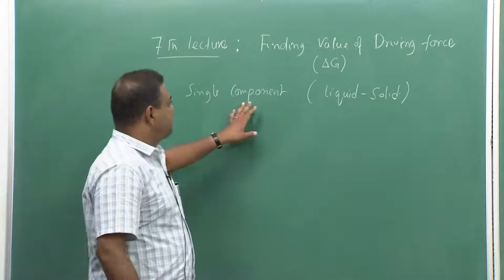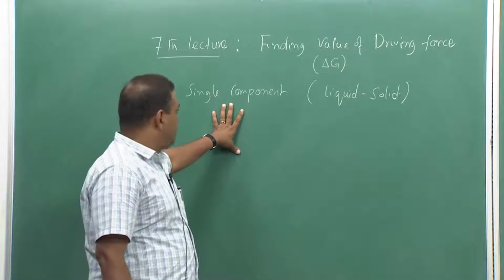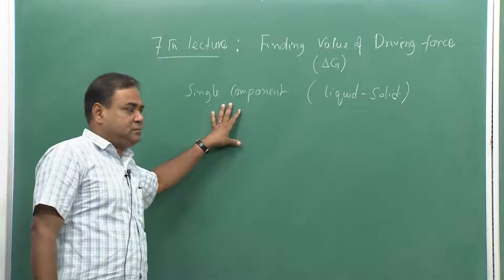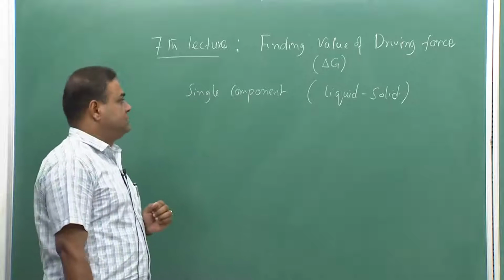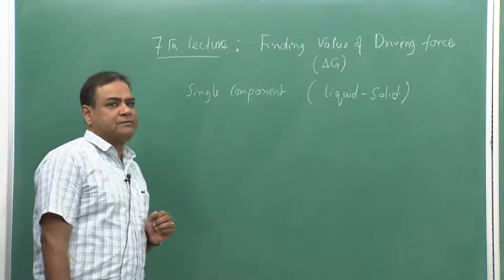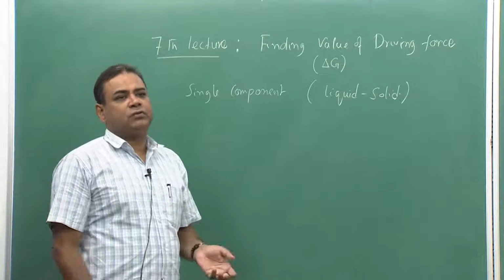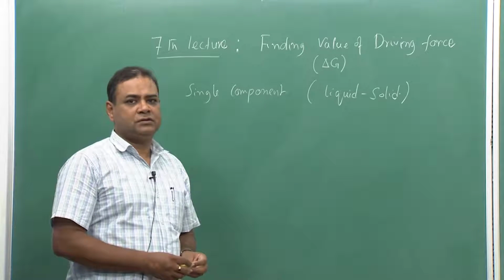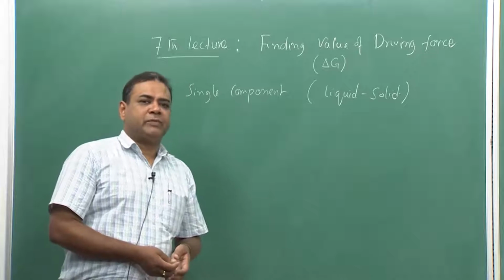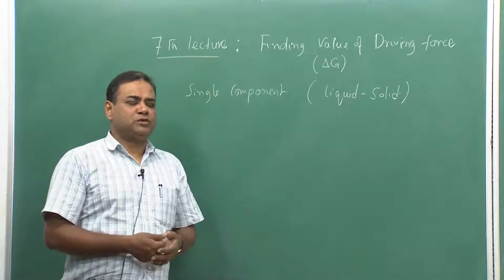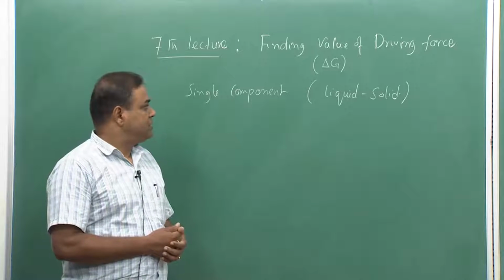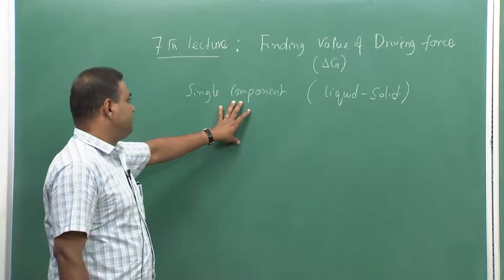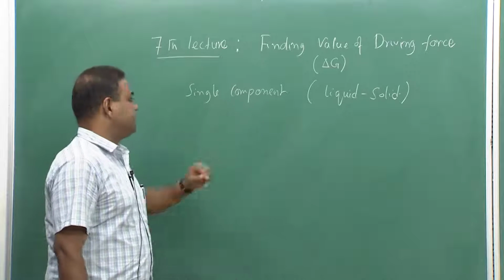The single component system is also simple compared to the binary system, where there will be two components, and in most practical applications we deal with alloys which are binary or ternary, or even contain more than 4 or 5 elements. So, before going into the complications, let us handle a simple condition where we take a single component.